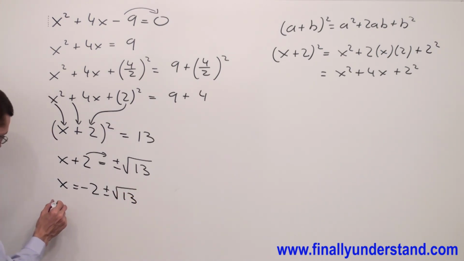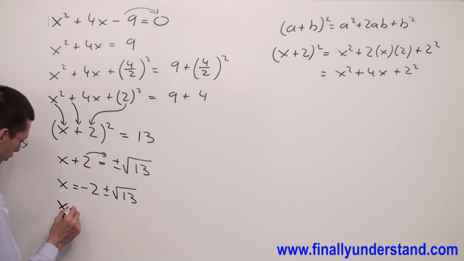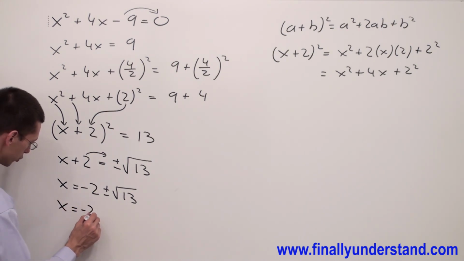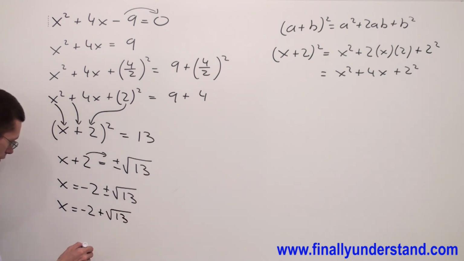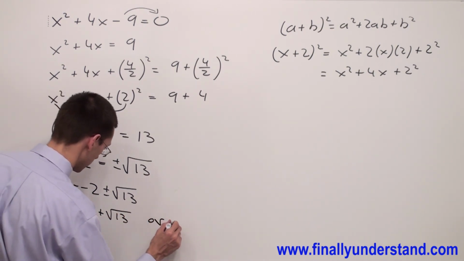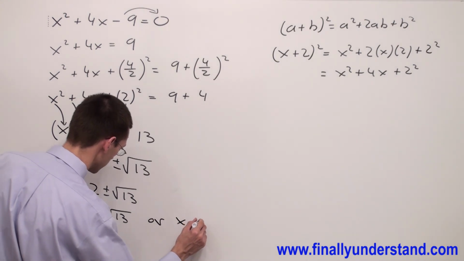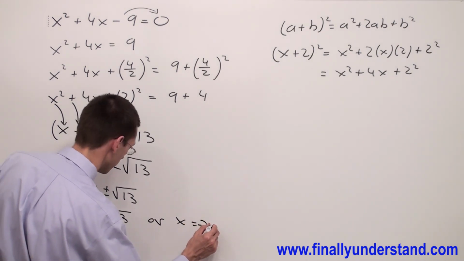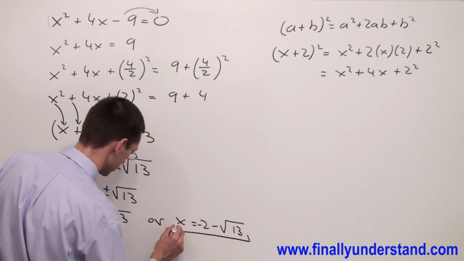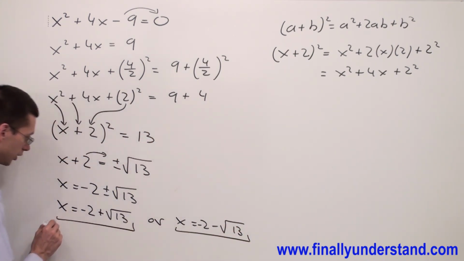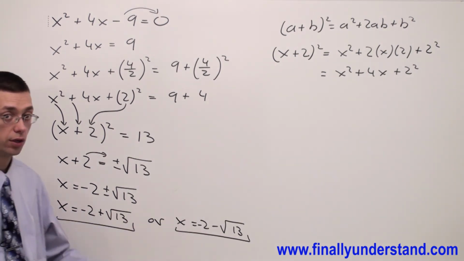So my answers are x equals negative 2 plus square root of 13, or x equals negative 2 minus square root of 13. So I can say that these are the solutions to my problem.